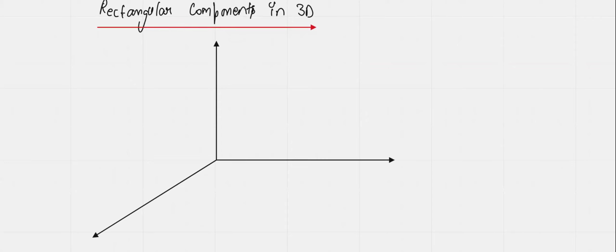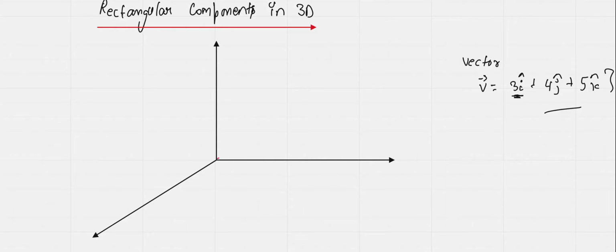Okay, assume it to be a 2D plane. I am saying you have a vector v, which is written as 3i plus 4j plus 5k. I just want to show you how this vector will look in 3D. It means that you have 3 meters of distance in the x-axis. So this is my x-axis.